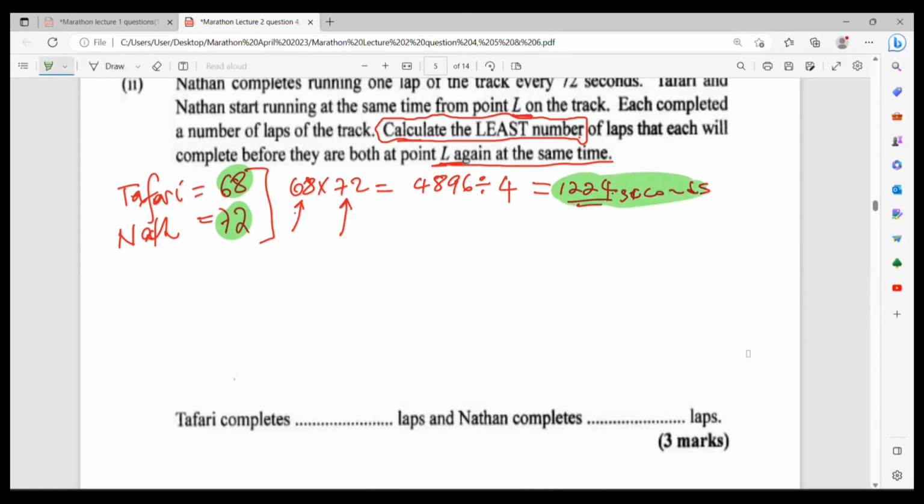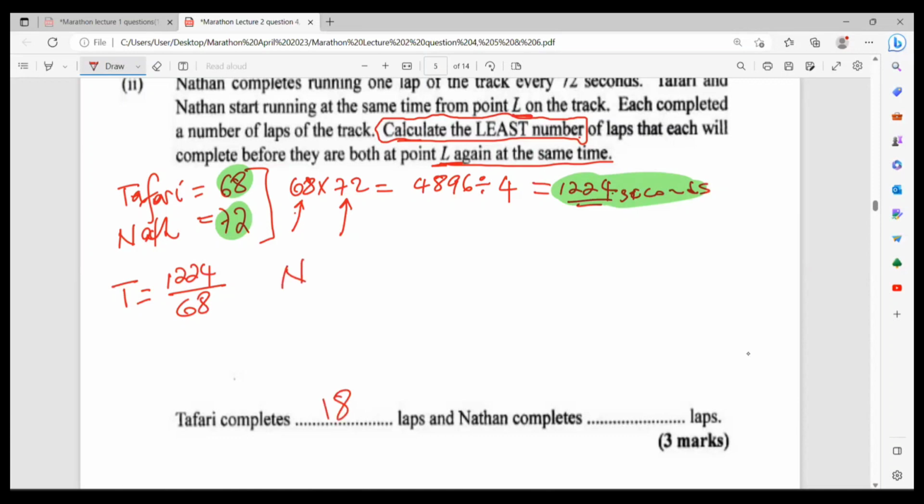Now, in order to know the number of laps, guys, the question is how many laps. So you're going to say T for Tafari. Tafari is going to complete 1,224 divided by 68. Talk to me. How many laps would Tafari have to complete? 18.